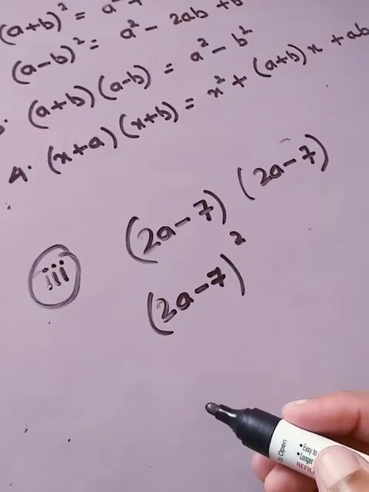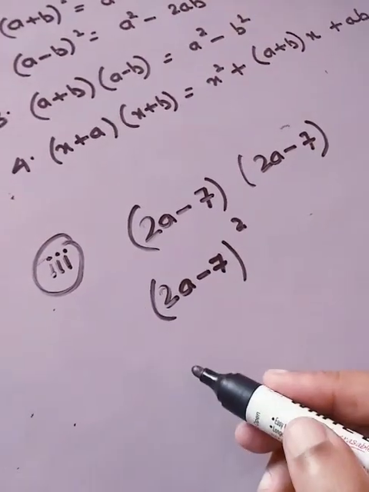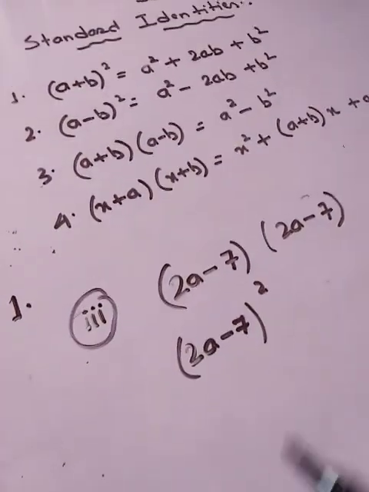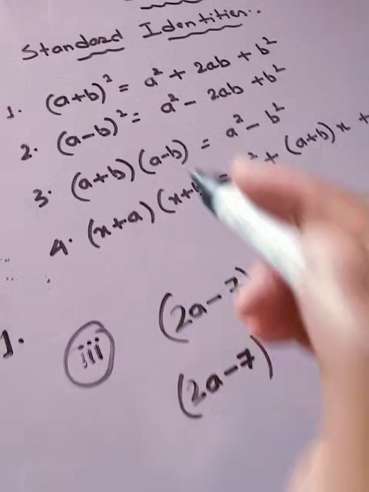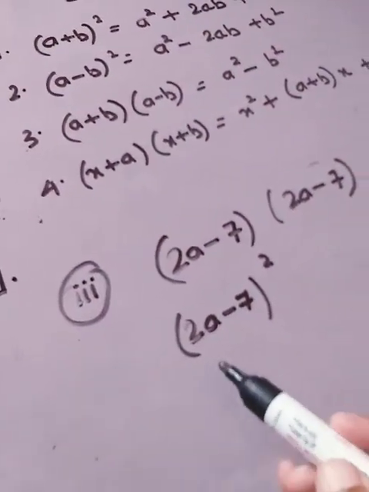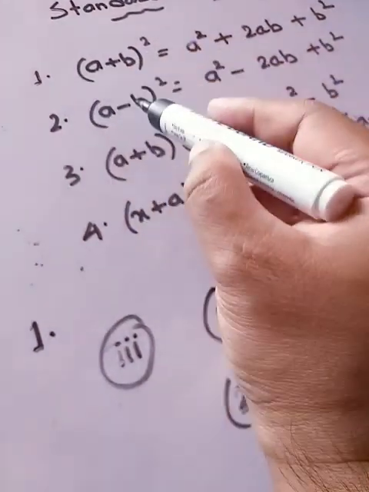Okay, now I forgot to say that whichever identity you are using, you are supposed to write it down. In the first 2 cases we used this identity, you will write it down. How will you write it down? Now you see the example. In this case, which identity will we use? This one.